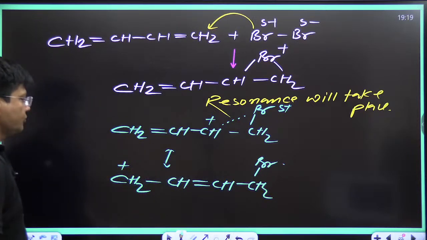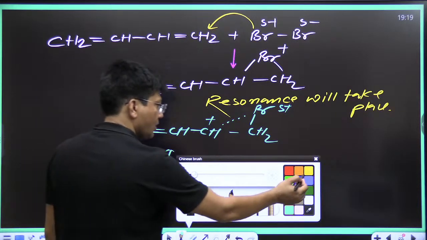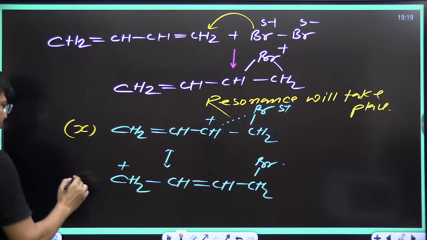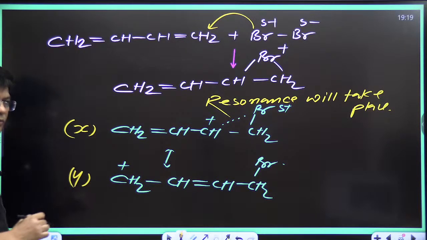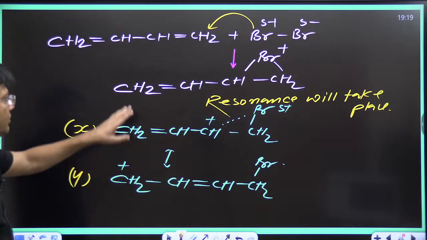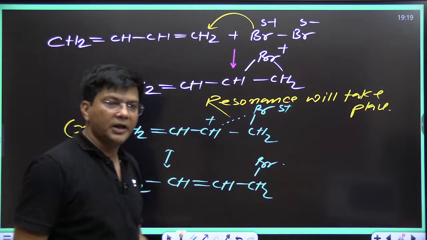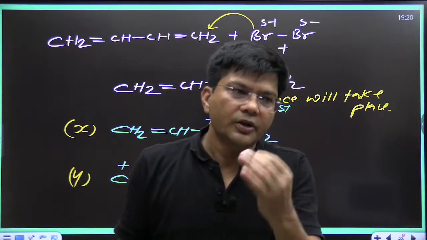Now these two are resonating structures, my dear friends. Let us suppose one is X and the other is Y. None of them is the true structure. I will definitely let you know the true structure on the next page.